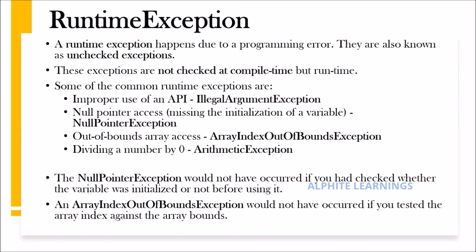Next, without using a proper arithmetic expression, as I have given here, such as dividing by 0. When you write a method, for example a division method, and you are getting an input from the user, you write public int, and inside the brackets you get two numbers, int a, int b.